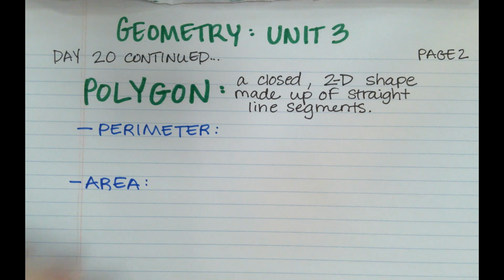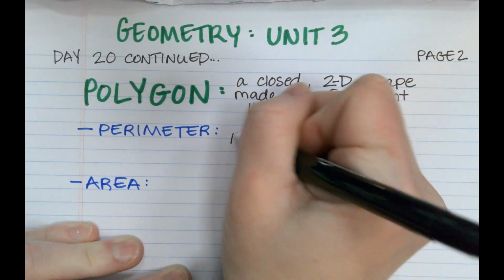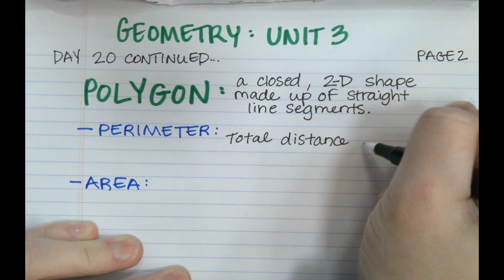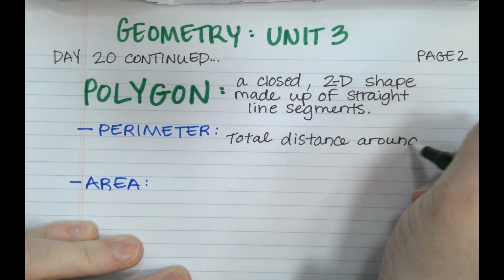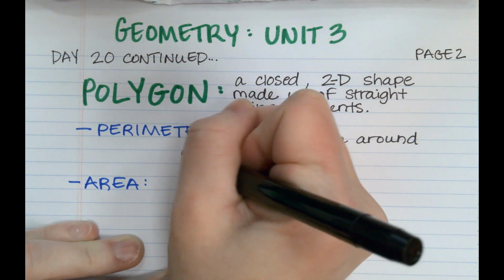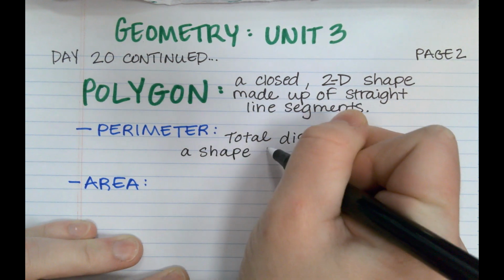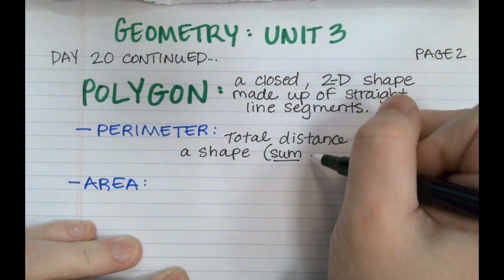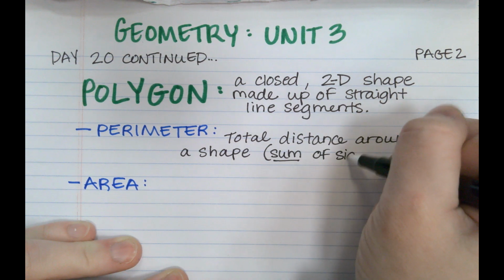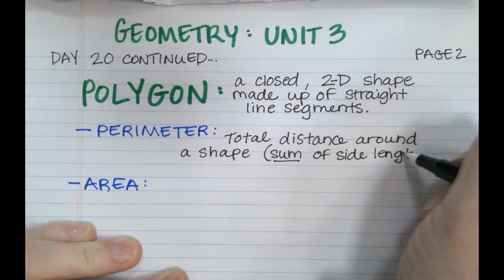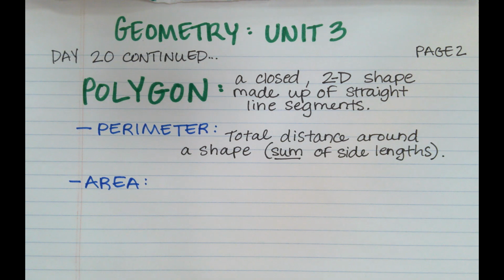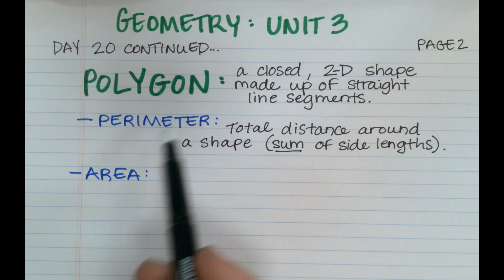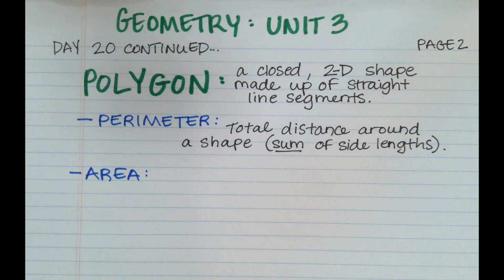So we're going to say total distance of a shape. We could also say that it's the sum, which means adding together, of side lengths. So perimeter is just looking at a distance. It's just the line that goes around a shape.